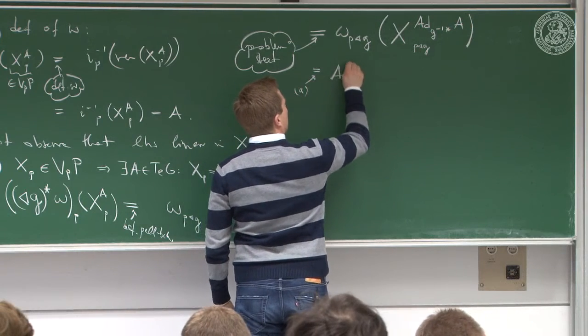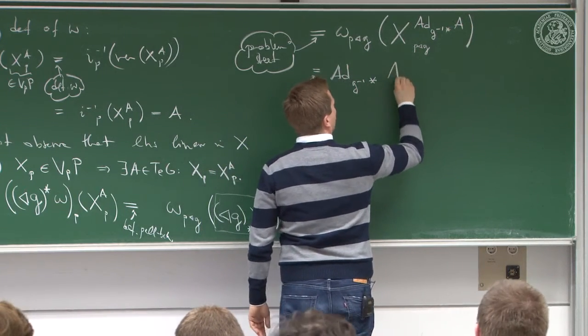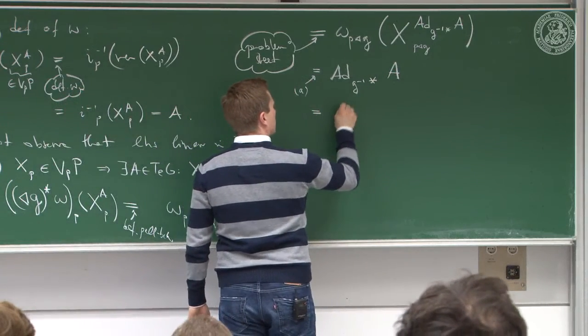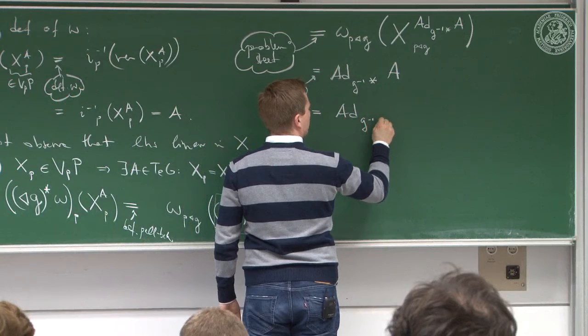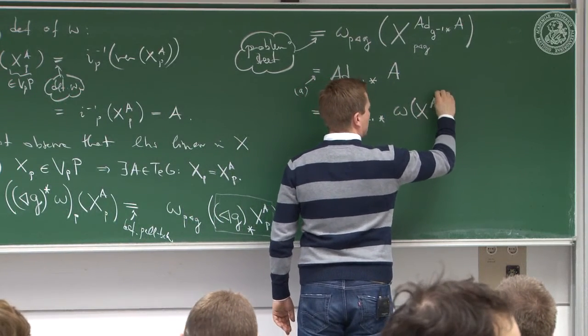So this is actually Ad G inverse push forward acting on A. Now we can massage this a little: we write this as Ad G inverse push forward of omega of XA.